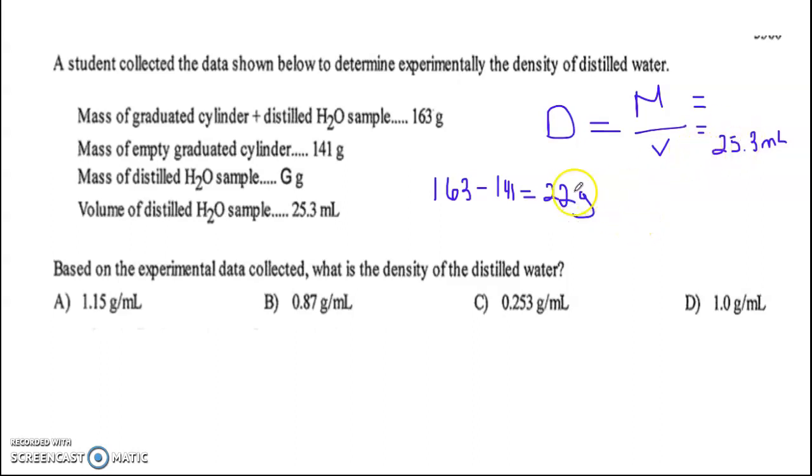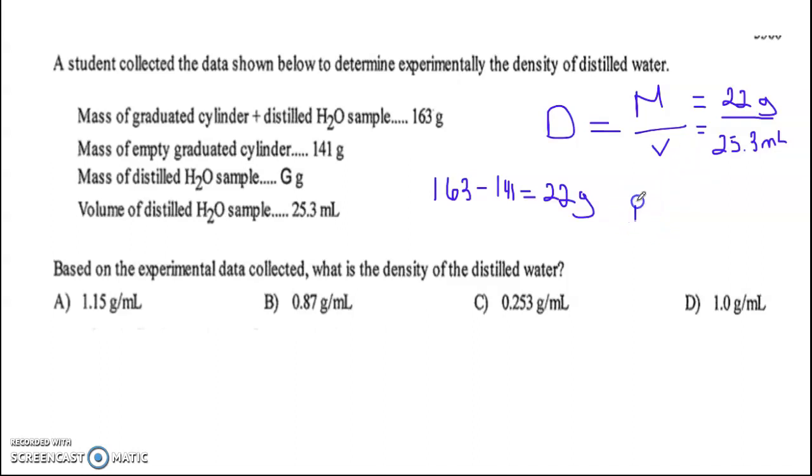Now, with 22 grams, we have the mass of the distilled water, so we can go back and figure out density. Earlier, we already determined we had volume. Now we have mass as well, which is 22 grams. So we're going to take 22 grams and divide it by 25.3, and we should have the density of our distilled water.